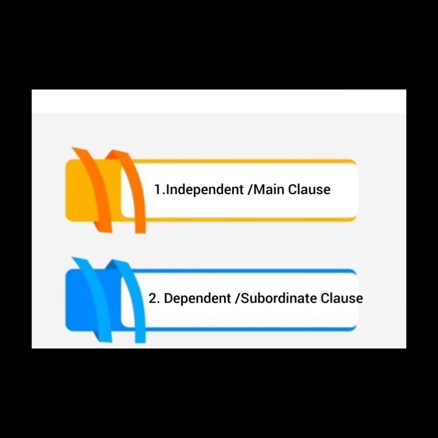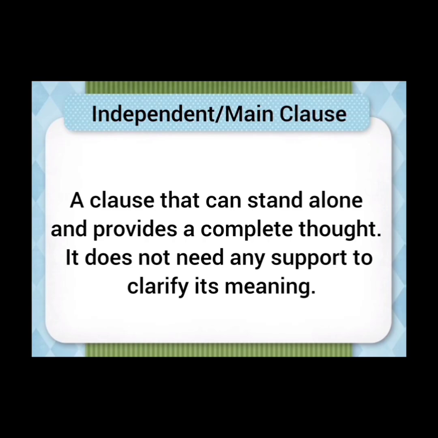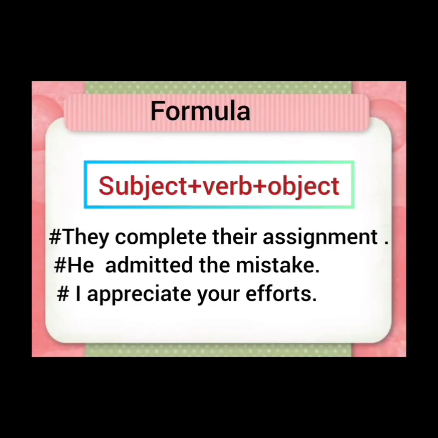As with the name, the independent clause or main clause is very easy: a clause that can stand alone and provides a complete thought. It does not need any support to clarify its meaning. Independent clauses are complete sentences. They do not need any other assistance for their complete meaning. Let's see its construction. Subject plus verb plus object, or a subject and predicate combination makes an independent clause.